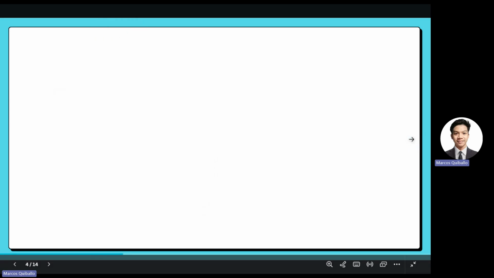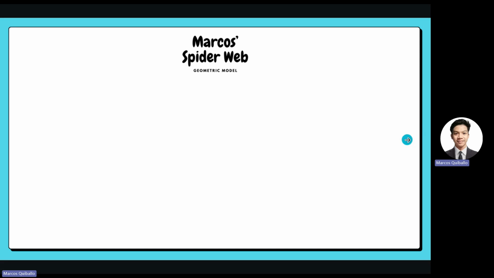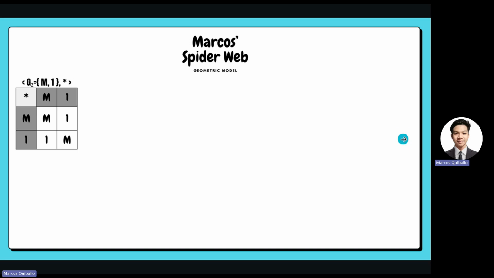So without further ado, let's explore the left and the right coset of G sub 2, whose elements are M and 1.